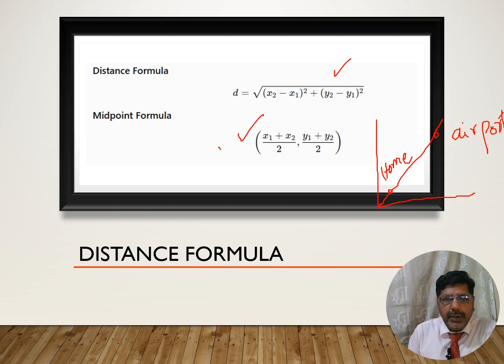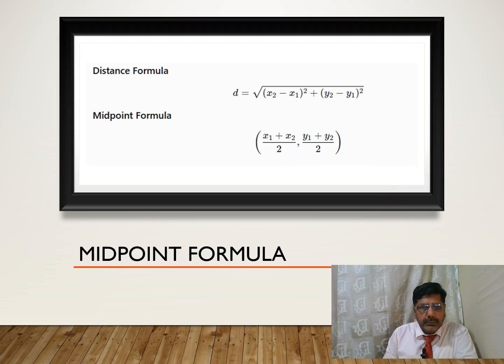It's the midpoint formula. With the help of this formula, you can find the middle point and ask your son, brother or sister to come and give you the passport. So we have all the formulas that can determine the distance for your journey: the distance and the midpoint formula.